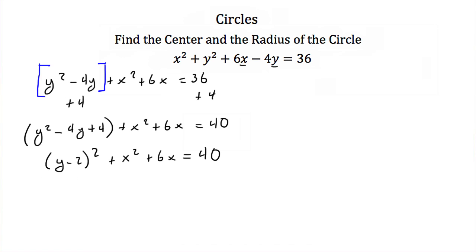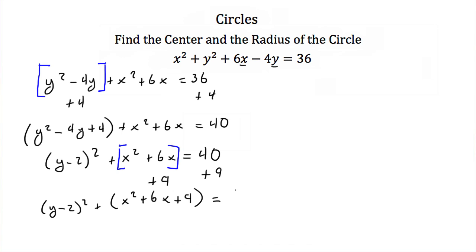Now we look at just our x terms. If I want to make these two x terms into a perfect square, I would have to add 9. If I do that, I'd have (y - 2)^2 + x^2 + 6x + 9, and that's equal to 49.